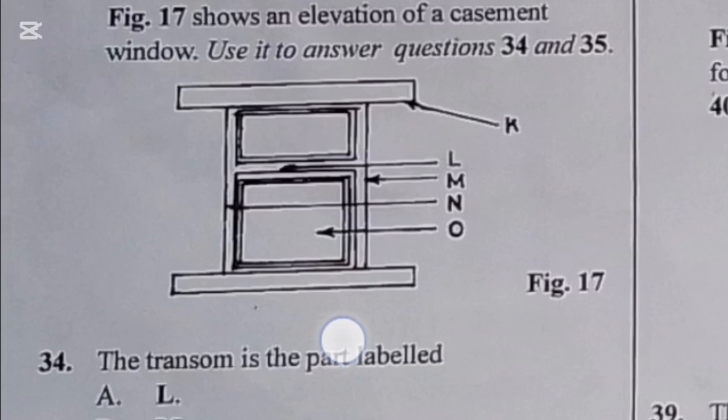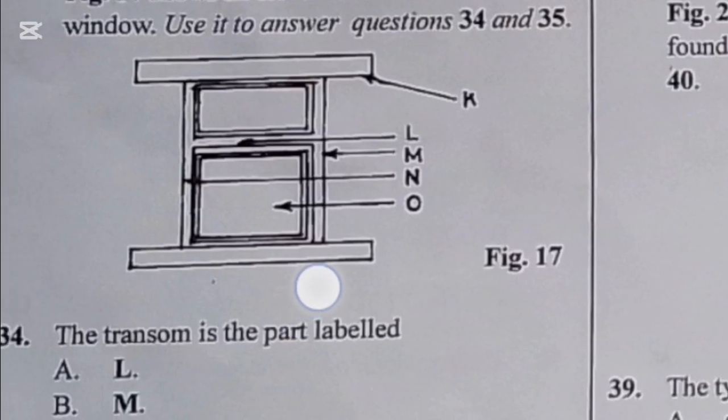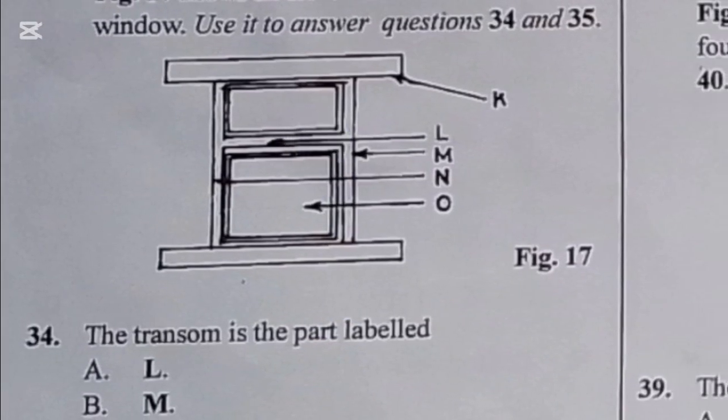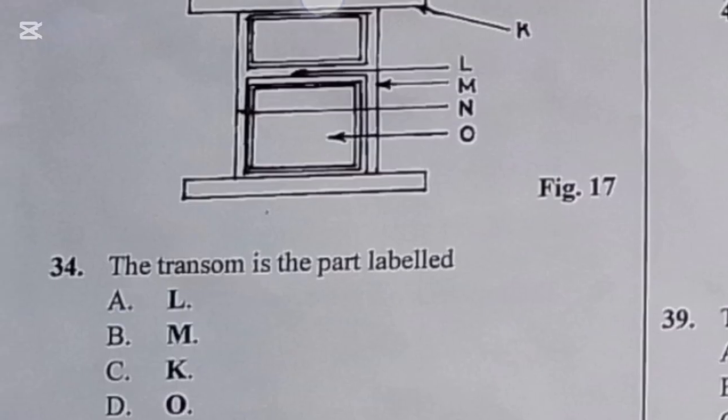We are told to use it to answer question 34 and 35. Let's look at what 34 is saying. The transom is the part which is usually at the top here. So the correct letter there is K, which is option C. Option C is the correct answer.